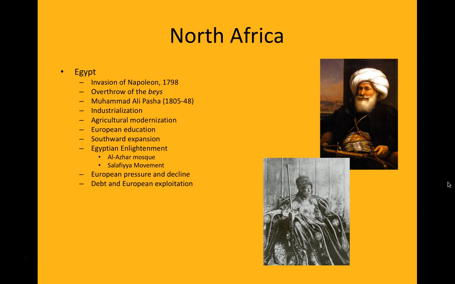The Salafists in Egypt accept some of the teachings of al-Wahhab and end up taking it, in some cases, even further than he had. The Wahhabists and the Salafis are the forerunners of the fundamentalist movements of the 20th and 21st centuries. Though, of course, we can't necessarily draw a direct line from what was going on in Egypt in the early 19th century to Al-Qaeda and the Muslim Brotherhood and some of these other things.